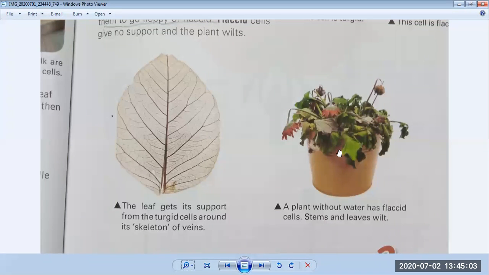In this diagram of a plant you can see the leaves are not in a stable form. They are wilted. These leaves have no strength, and they look as if they are dying out. So you can see there is a difference between flaccid cells and turgid cells.